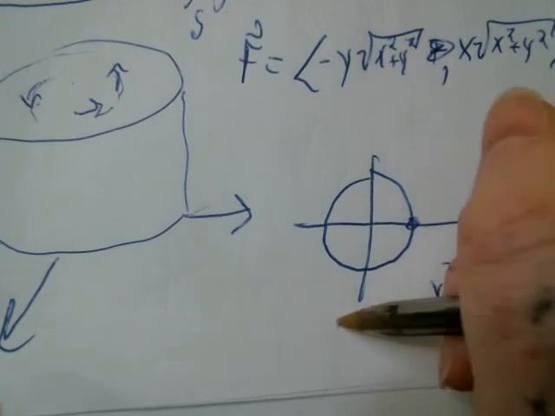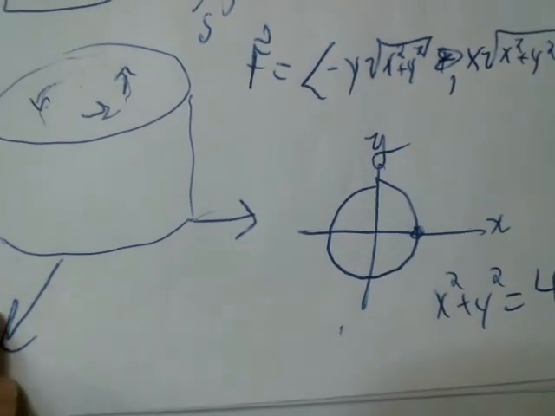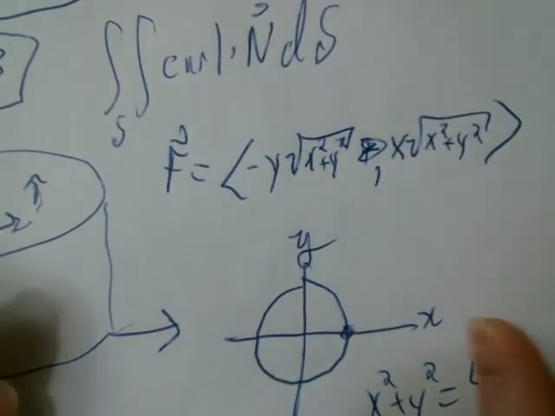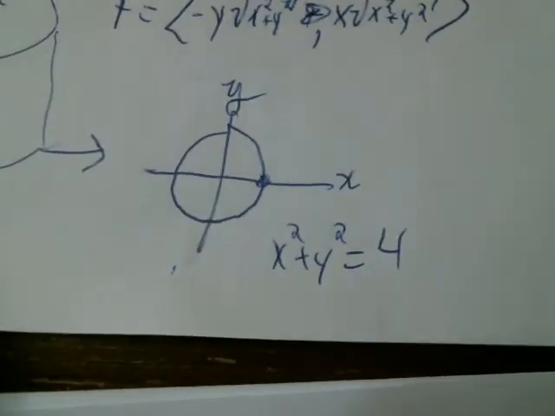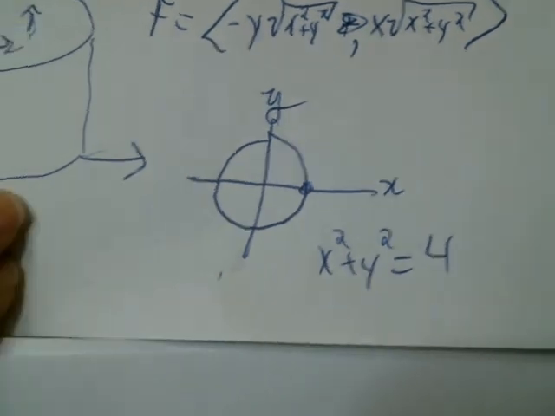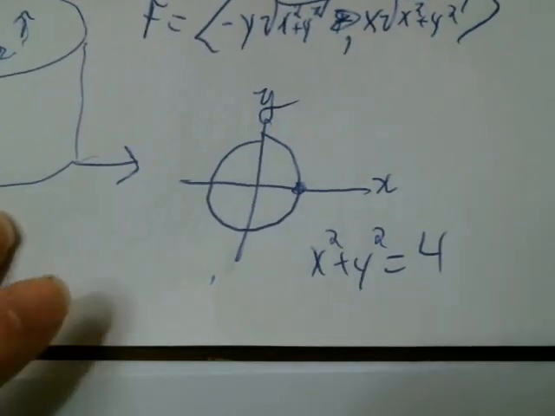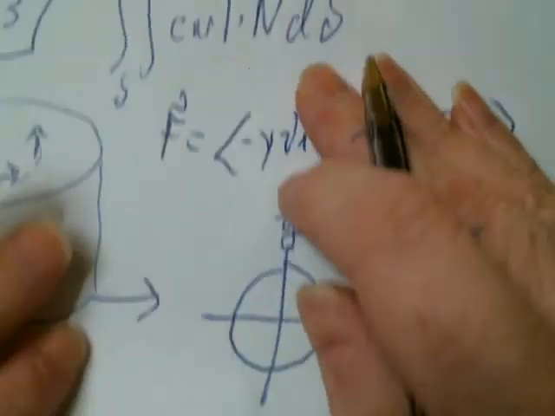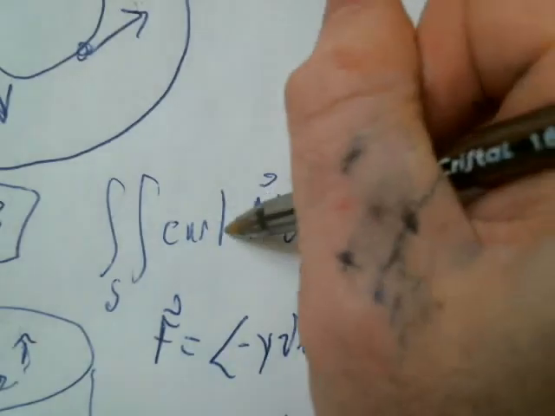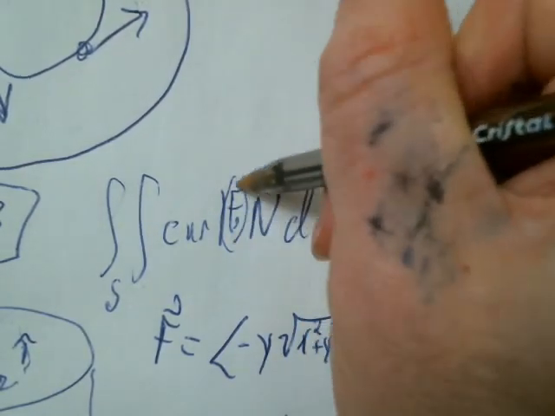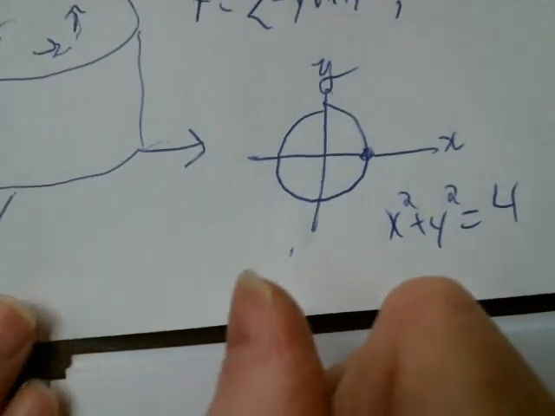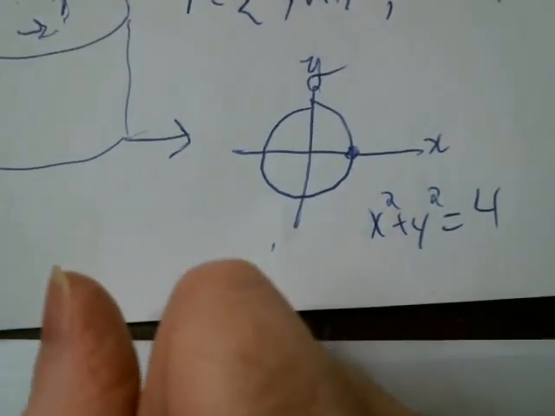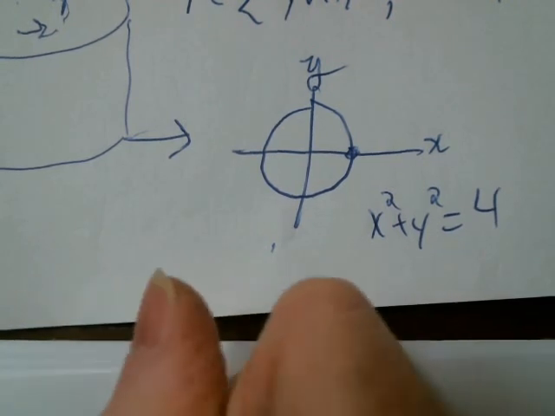All right, then, so let's go at it and figure out this integral. I need the curl, and this should be the curl of the vector field. Okay, so i, j, k, all that business.